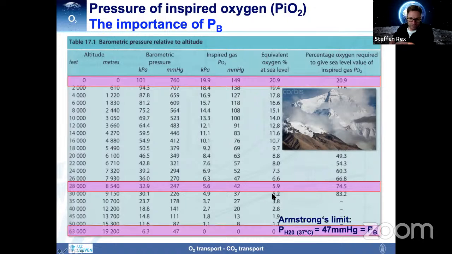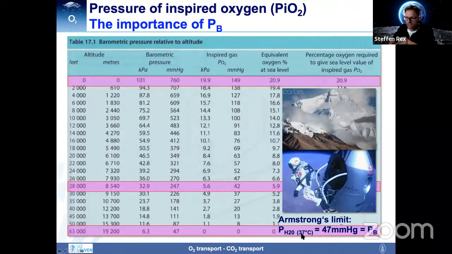What is also very interesting from an academic point of view is the altitude of 19,200 meters. This is called the Armstrong's limit. And this is very interesting because then you have a barometric pressure of 47. And if you are aware of the fact that the partial pressure of water in the blood is also 47 millimeters of mercury, then you realize that once you reach this Armstrong's limit, your blood would start to boil.